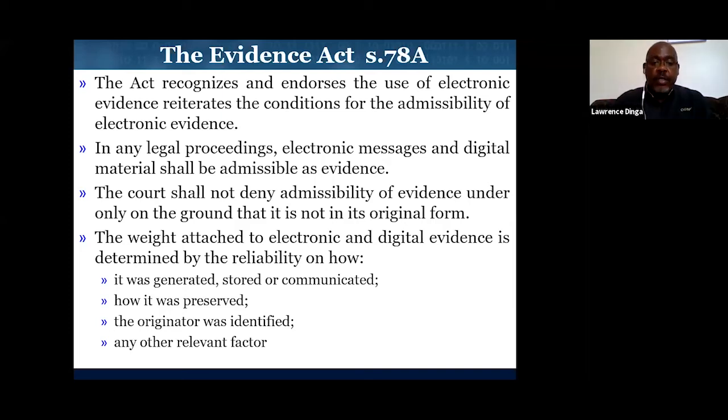So the court shall not deny admissibility of digital evidence only on the ground that it is not in its original form. The weight attached to electronic evidence and digital evidence is determined by the reliability of how it was generated, stored, and communicated, how it was preserved, how the originator was identified, and other relevant factors.